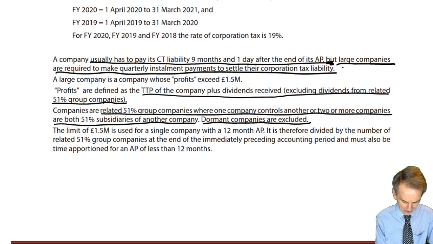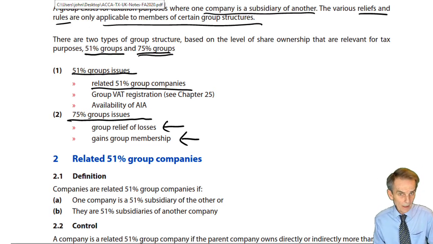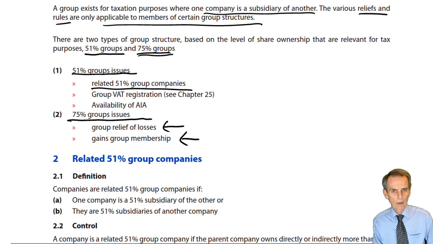All right, let's just go back to the note here. So one area is about related 51% group companies and ensuring we can recognise which companies are related, and then so what? What does it mean? It is in relation to who we define as a large company. And that was by reference to a profit limit of 1.5 million.